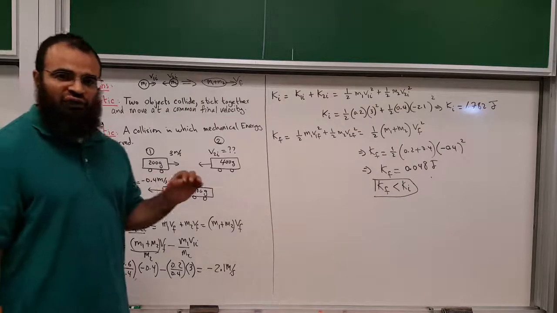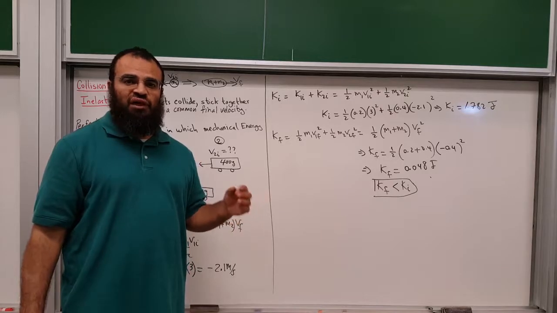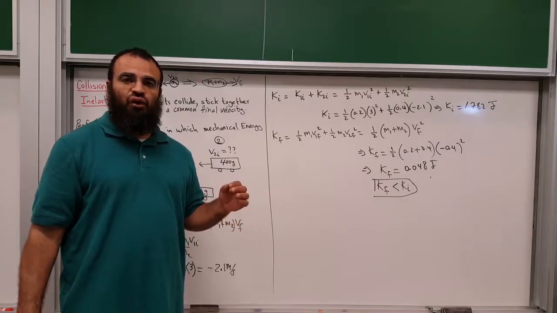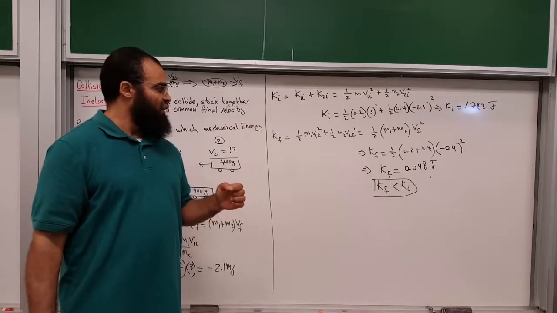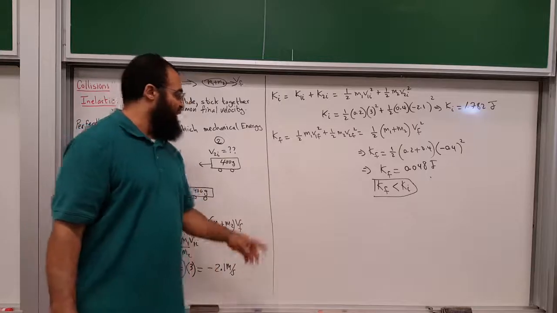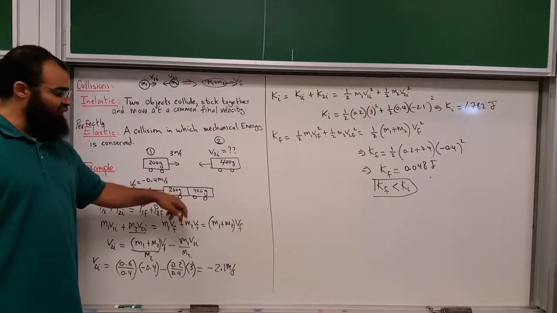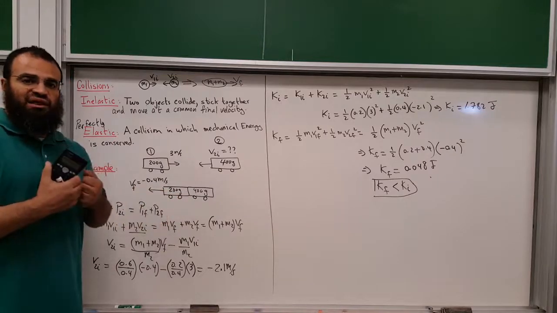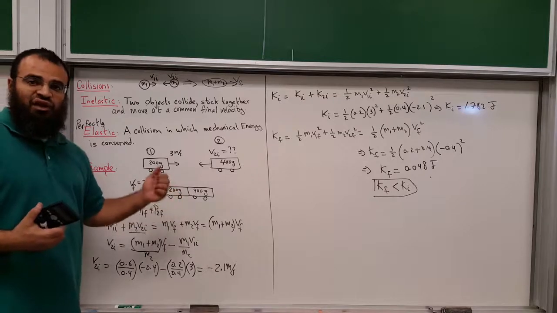The criterion for conservation of energy, if you remember, was that you have only conservative forces doing work. And how did non-conservative forces sneak in? Well, they sneak in for this inelastic collision. For them to stick together, there has to be some bending or some interaction that is non-conservative.